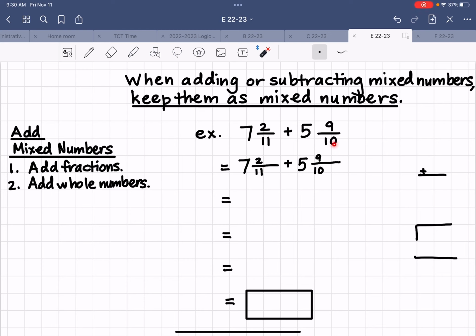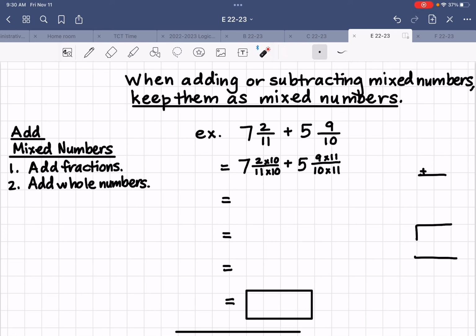By the other fraction's denominator. So we're going to multiply both the 2 and the 11 by 10. So we do that. Multiply by 10. And then to make an equivalent fraction for this mixed number, we're going to multiply both the 9 and the 10, both the numerator and the denominator, by the other fraction's denominator, which is 11. So we multiply both the 9 and the 10 by 11.